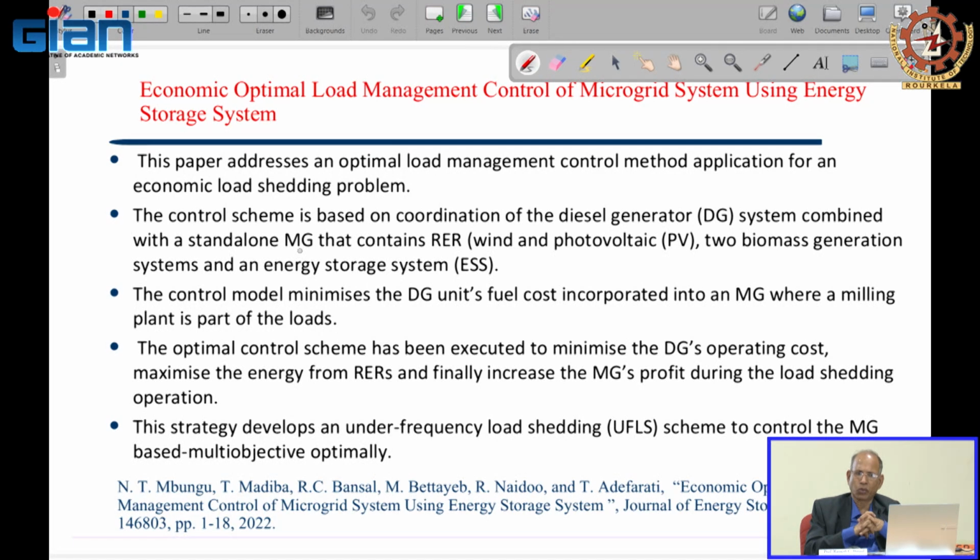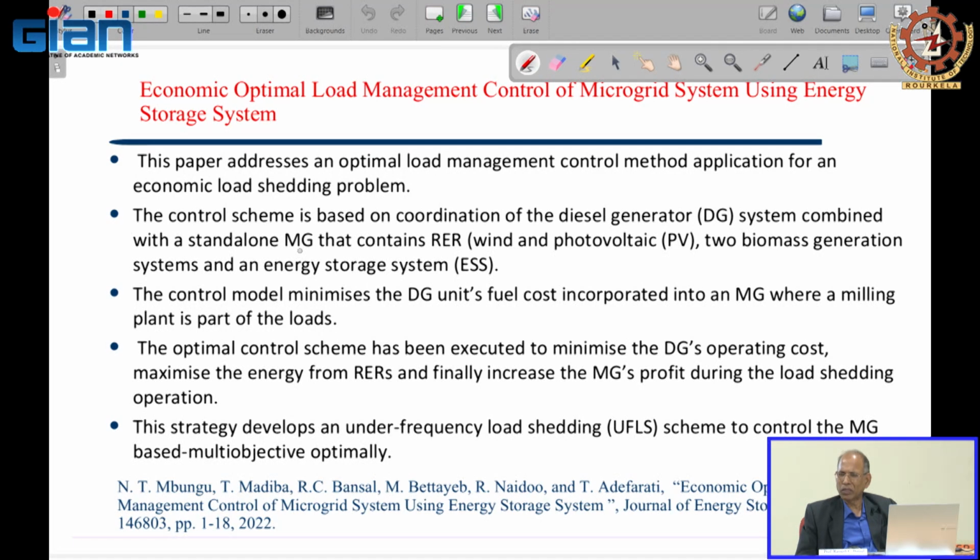Obviously one objective would be to have the minimum operation of the diesel generator to reduce the cost. So it is one of the main objectives in the microgrid. And this microgrid could have a plant, for example any industry, like a sugar industry.